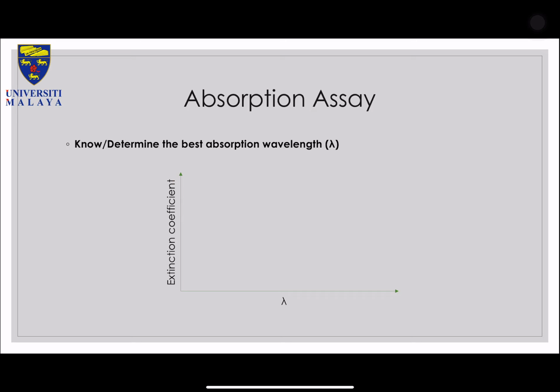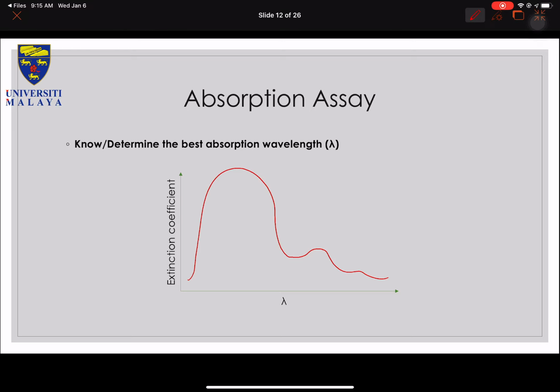So say for example, if that one is the substrate, and your product has a wavelength like this, for example, the other one is the product.